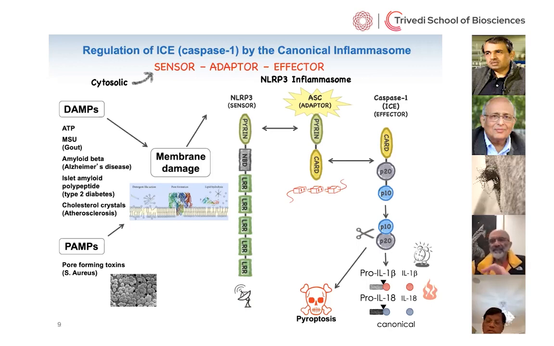Now, I want to tell you something very important about these cytokines: they don't have a signal peptide. They have no way of getting out of the cell. So these are called leaderless cytokines. The only way they can get out of a cell is if the cell incurs membrane damage and pops open. And then these cytokines will leave the cell, okay?